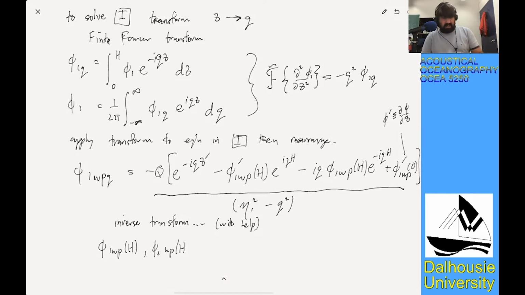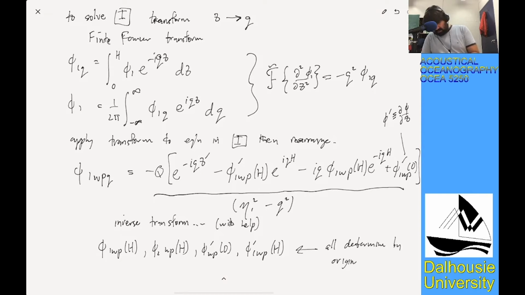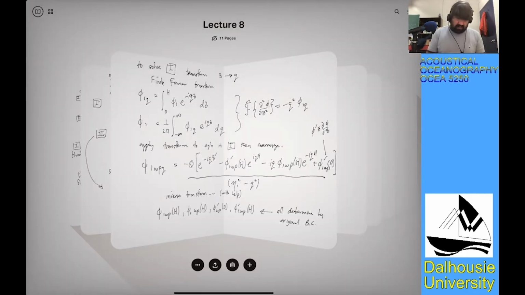We need to recompute these in the transformed variables that we want, okay? So these are all determined by the original boundary conditions. Okay? So what do we end up with at the end of the day?